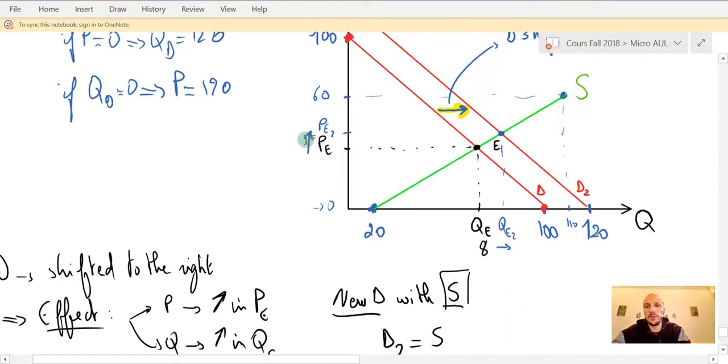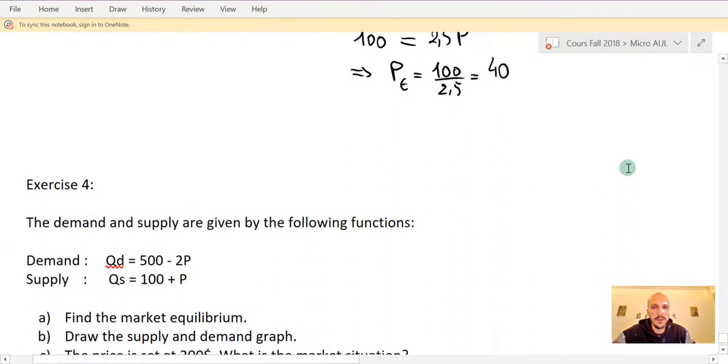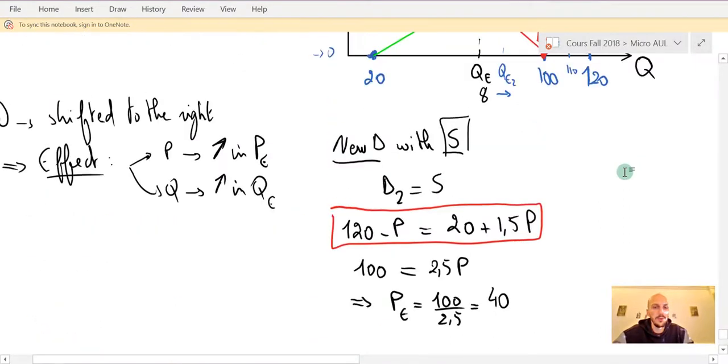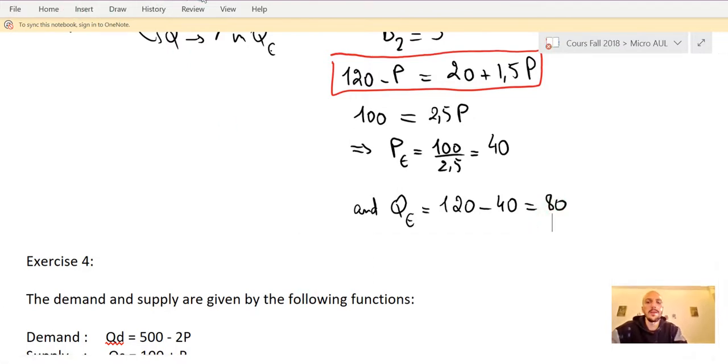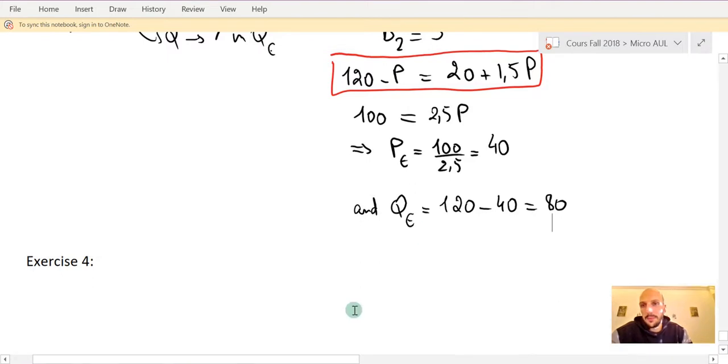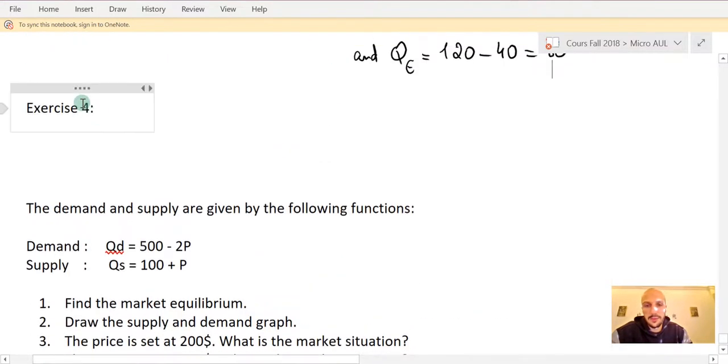Before, it was 32. So I've got this increase from 32 to 40. هذا price has increased, and the new quantity at equilibrium will be equal to, using for example demand, 120 minus 40 equals 80. So we can see here that due to the shift we have the following.